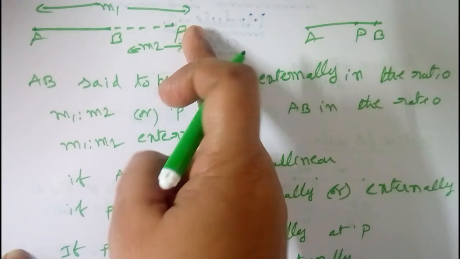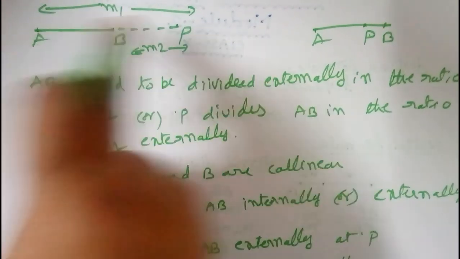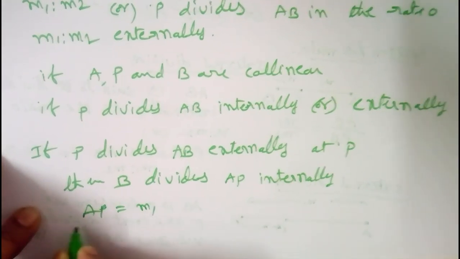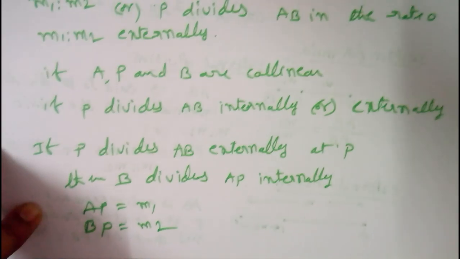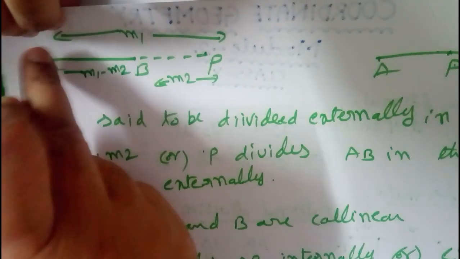So from this we can say that P divides the line segment AB externally, and B divides the line segment AP internally. Then AP is equal to m1, BP is equal to m2, then AB is equal to m1 minus m2.